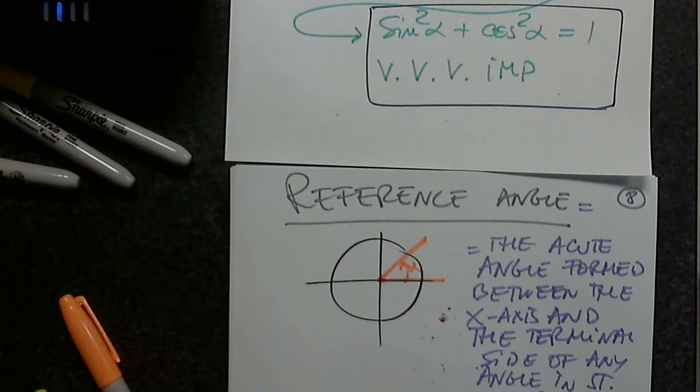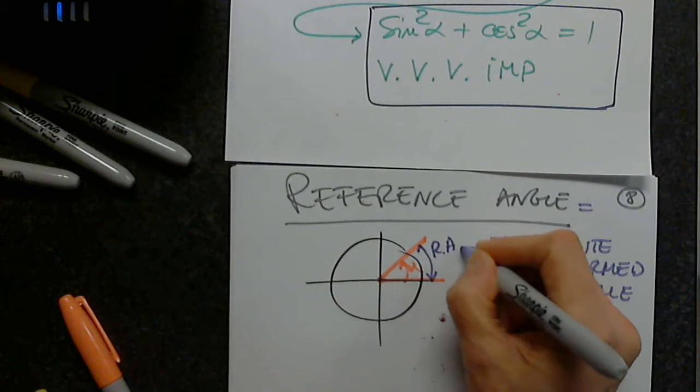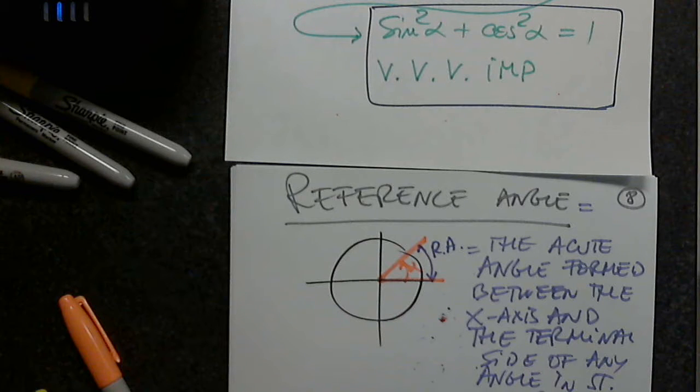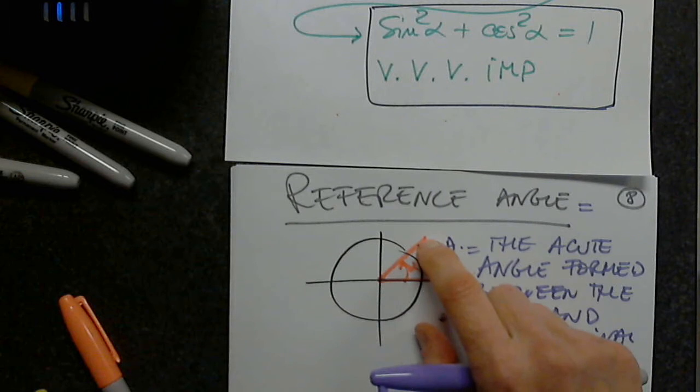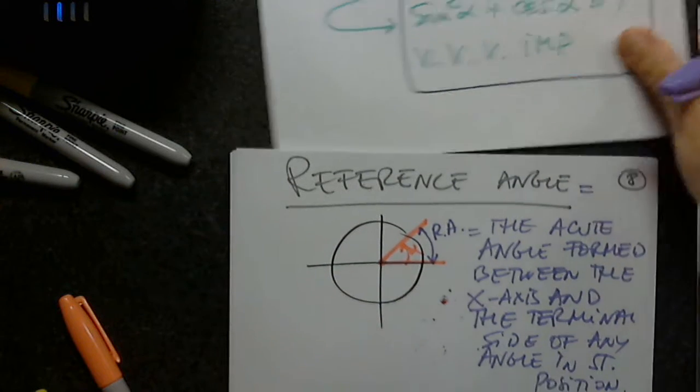Itself. The reference angle is itself. So will this always be true? For an angle with the terminal side in the first quadrant, always.